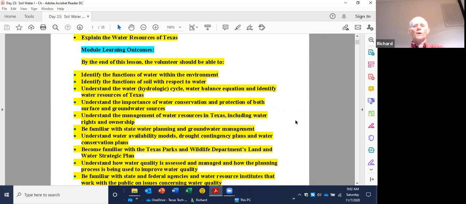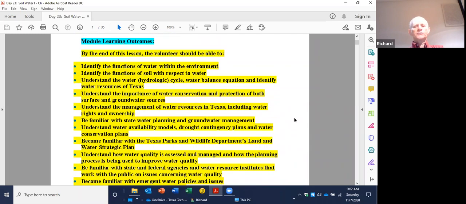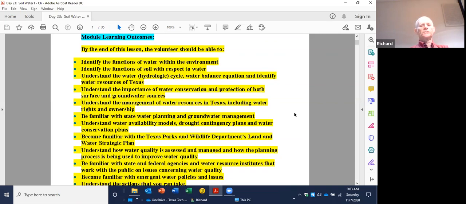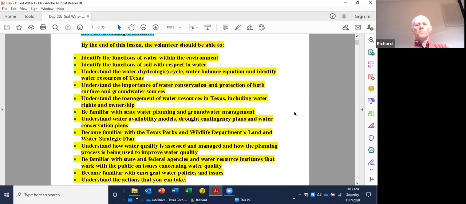Understand the importance of water conservation, protection of both surface and groundwater sources, and understand the management of water resources in Texas, including water rights and ownership.